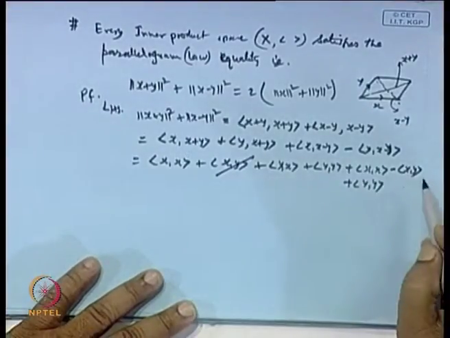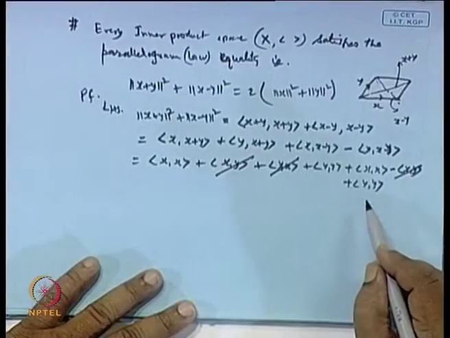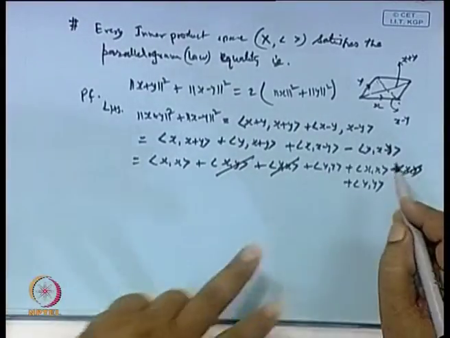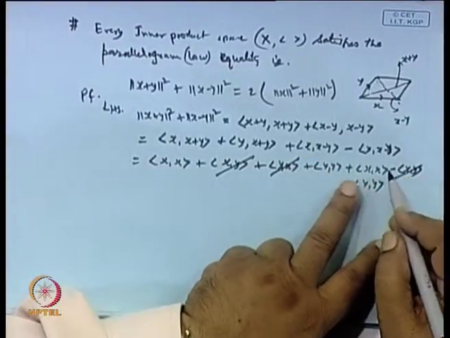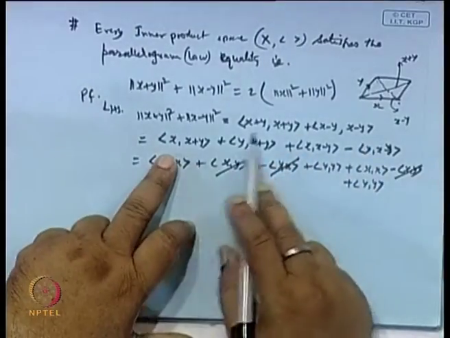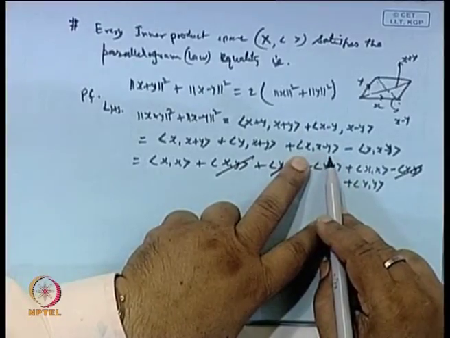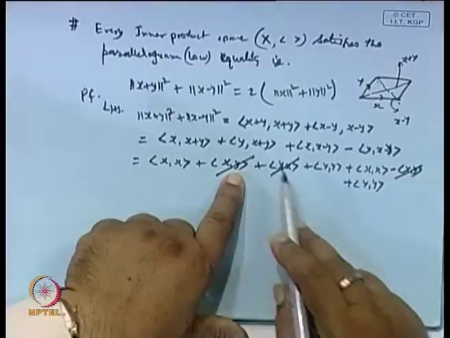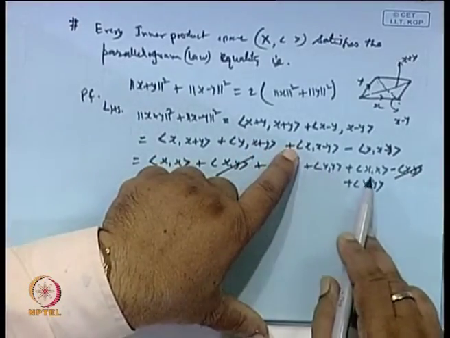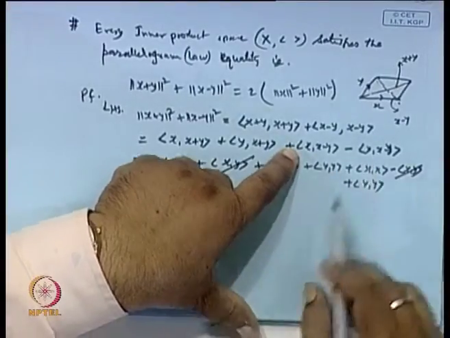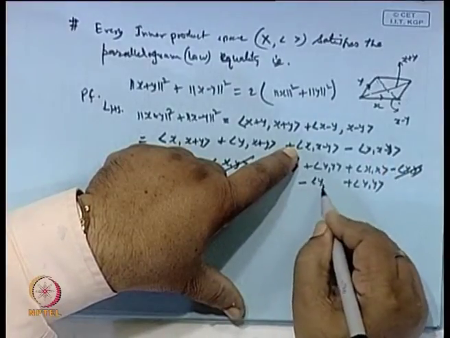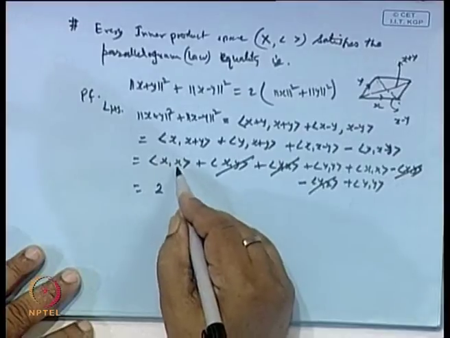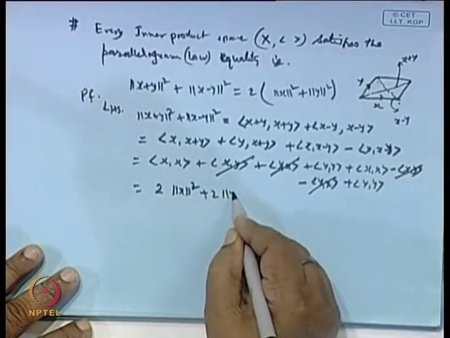Now, you will see the cross terms get cancelled, and what you are getting is 2 times the inner product of x with x, which is norm x square, and likewise norm y square.